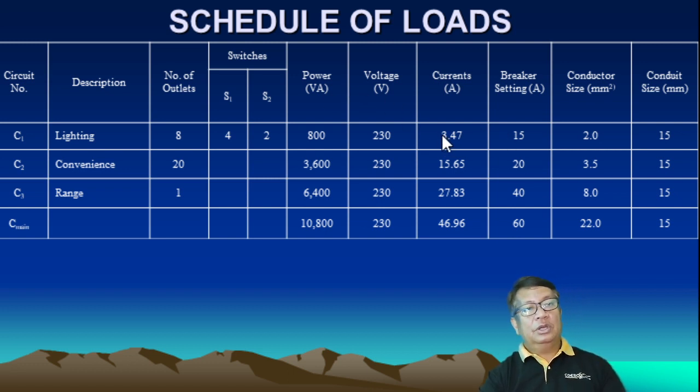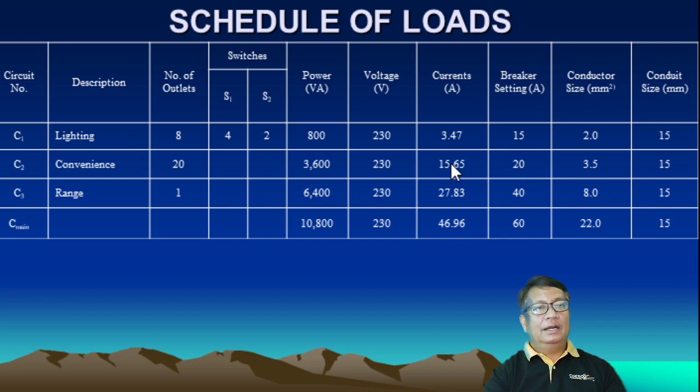So for the lighting, we have this 800 volt ampere divided by the voltage 230, because the apparent power is voltage times current. So to determine the current, it is equal to power divided by the voltage. So we have 800 divided by 230 volts, which is more or less equal to 3.47 amperes.